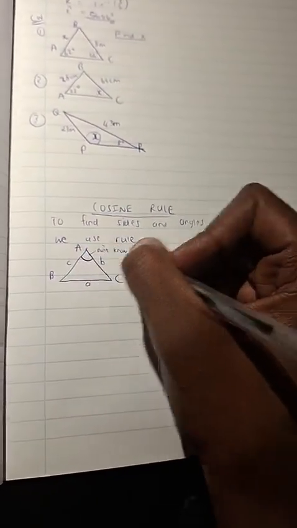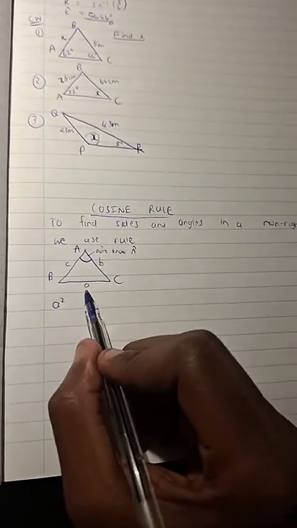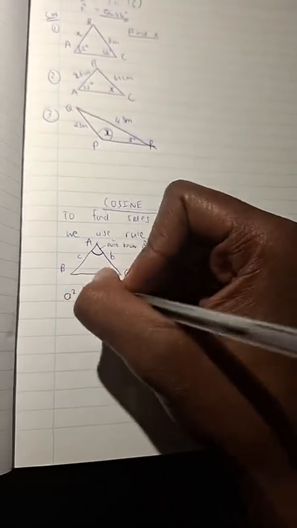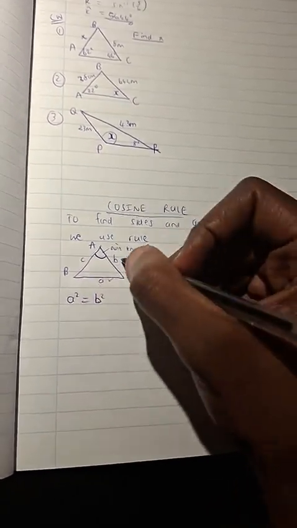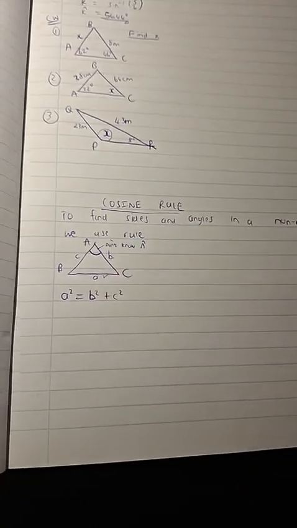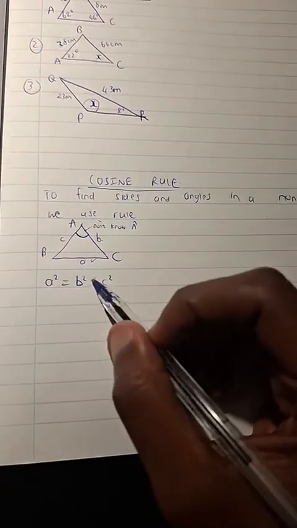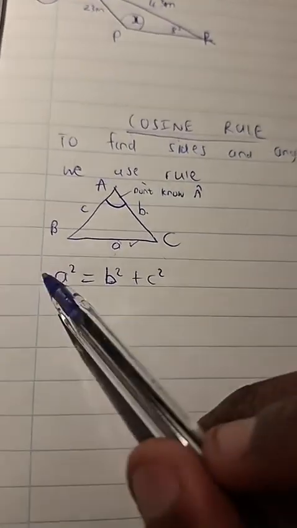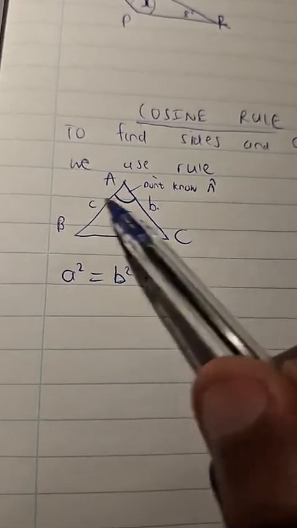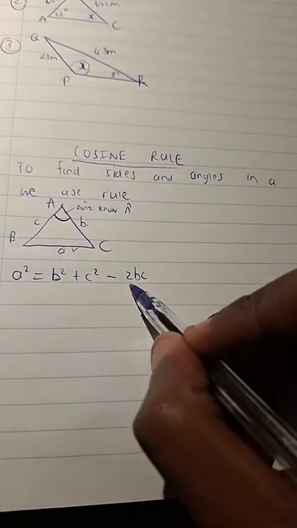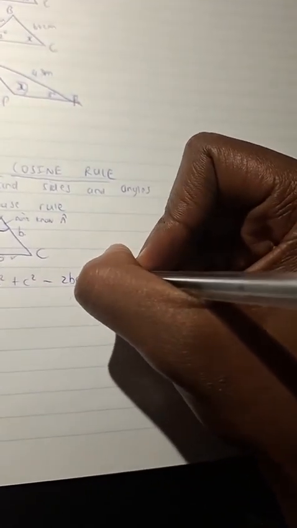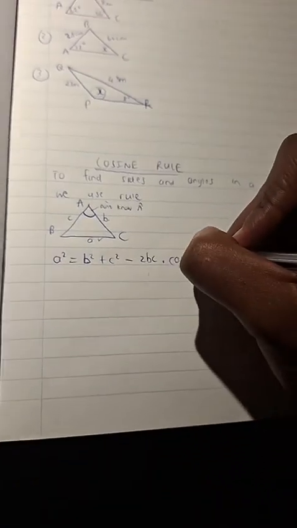The formula that is used is, since we don't know angle A, we say a squared is equal to b squared plus c squared. It kind of resembles the Pythagoras theorem. a squared is equal to b squared plus c squared minus 2bc times cos of the angle opposite the side that we began with.